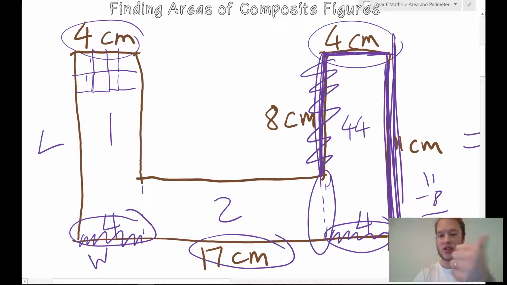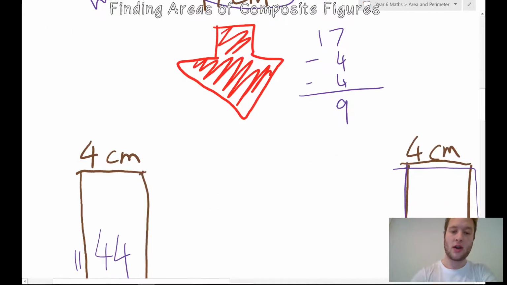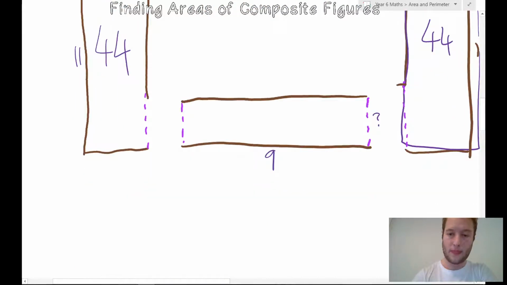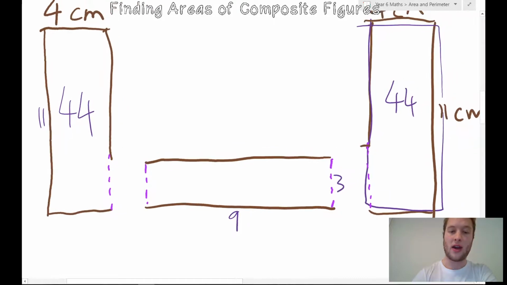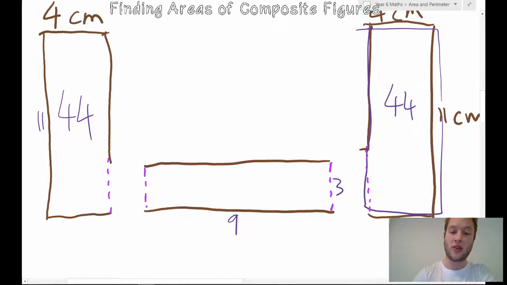So 11, 10, 9, 8, 7, 6, 5, 4, 3. Yeah, it is 3. So that's my missing number there. So there you go, I can add that in. So I've got 9 times 3 is 27.